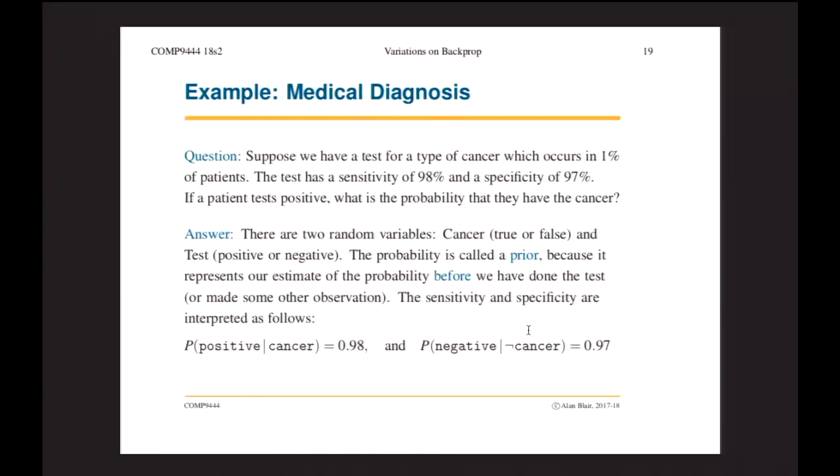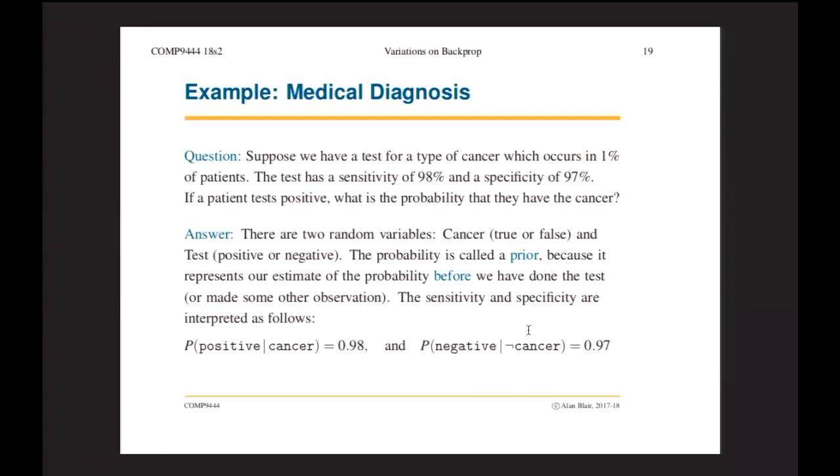Here's a couple of examples. Again, some of you may have seen this before, but I've tried to make it slightly more complete here by splitting up the sensitivity and the specificity, right?